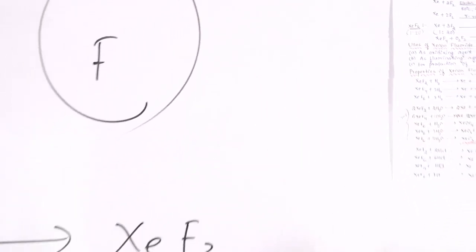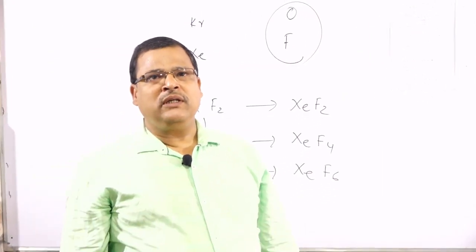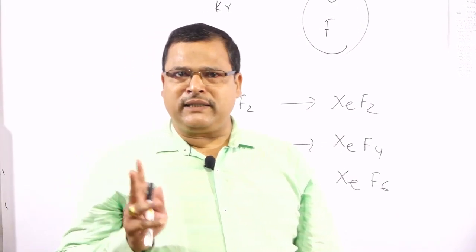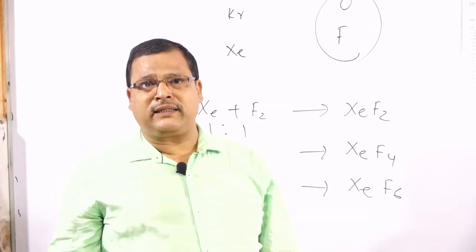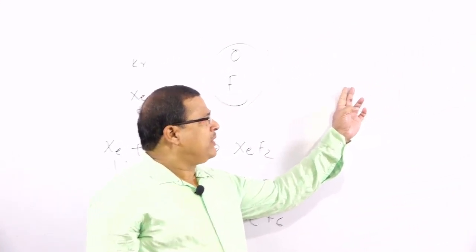Next we will discuss the different uses of xenon fluoride compounds. Xenon fluoride compounds act as oxidizing agents, they act as fluorinating agents, and they also help in the production of xenon.